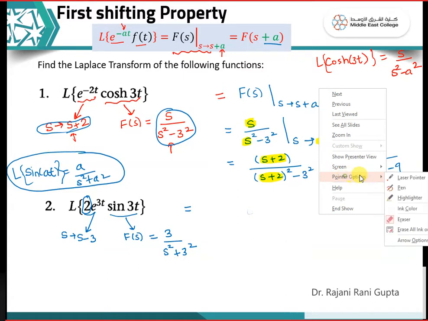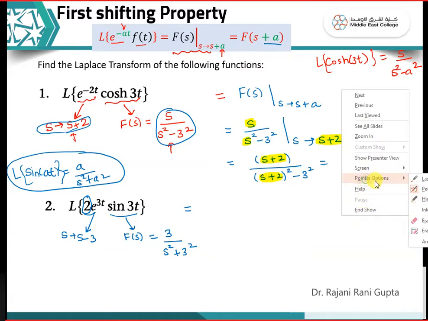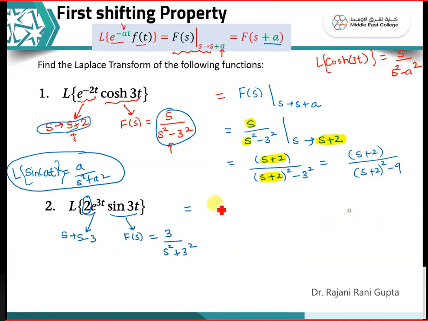We will write it later on. So again, writing the solution with the formula, begin with the formula F(s), s goes to s plus a. In place of F(s), we have 3 over s square plus 3 square, where s moved to s minus 3.